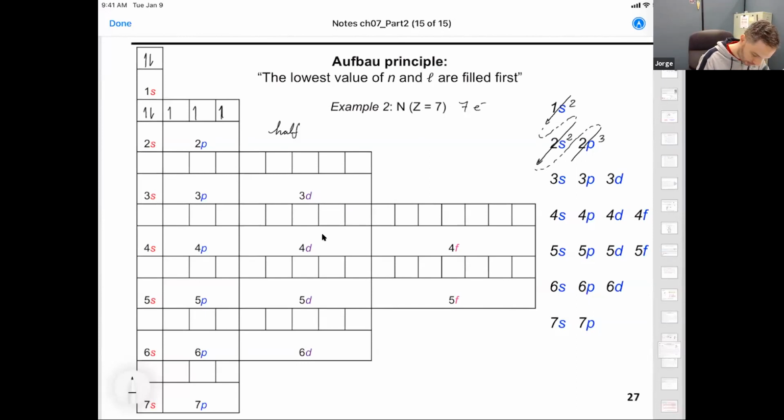Half filled subshells are the second most stable.